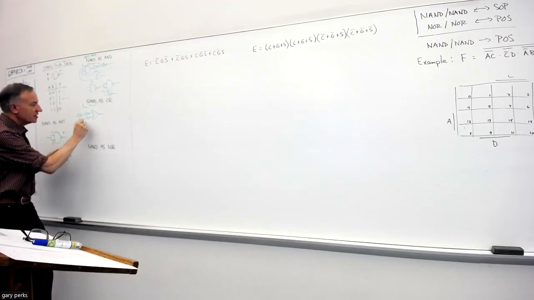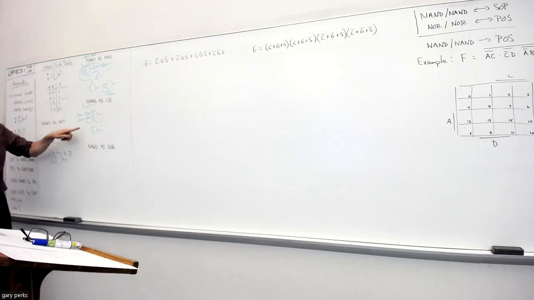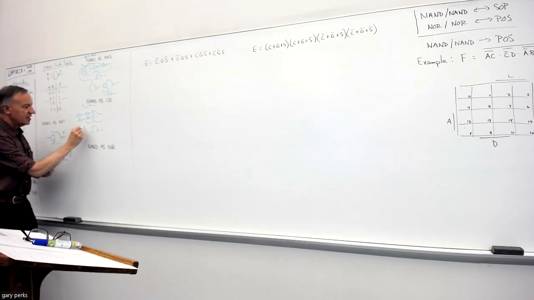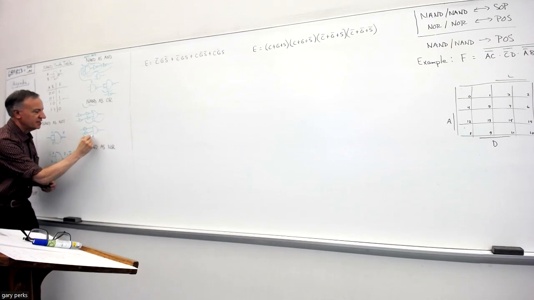So this, like we said, by De Morgan's, is equal to a NAND. And now, if I put a NAND as an inverter at each one of these inputs, this here is equivalent to an OR.